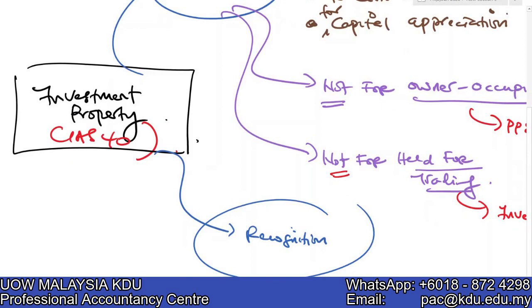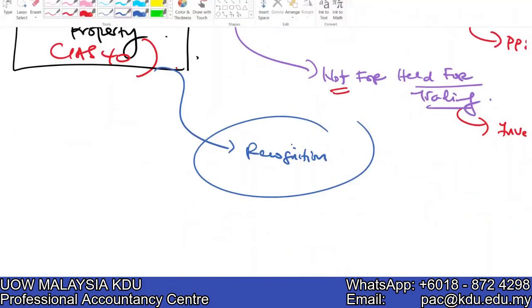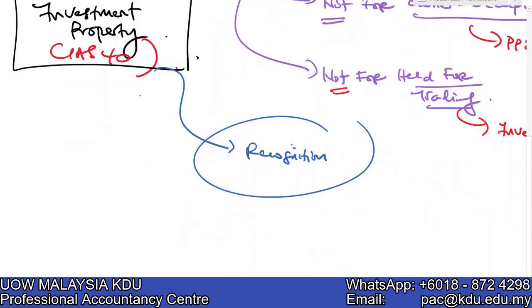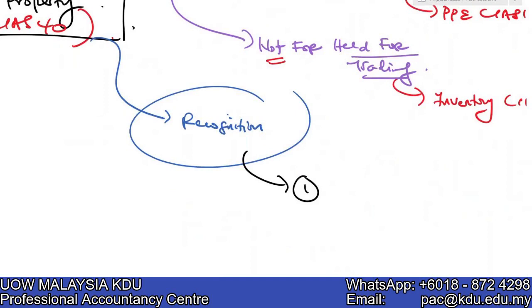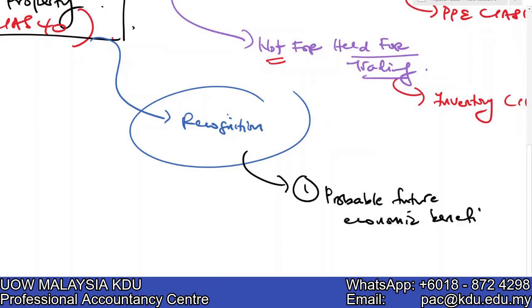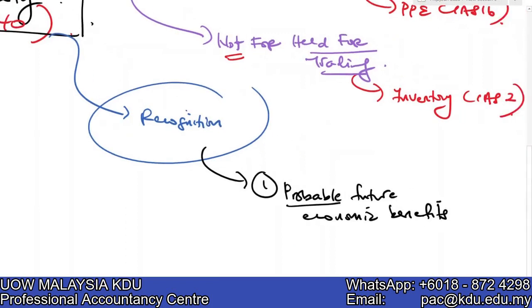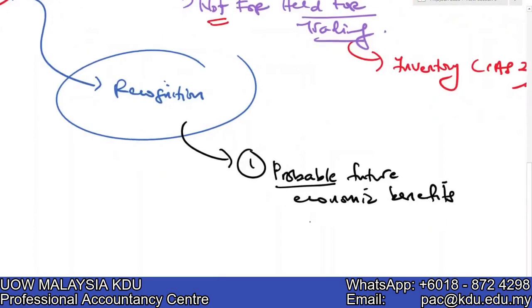When can I recognize the PPE? If I bought a building, I bought a machine, when can I recognize it in the books? The first recognition criteria is, what do we look at? Probable, isn't it? Right? Probable future economic benefits will flow to the entity.